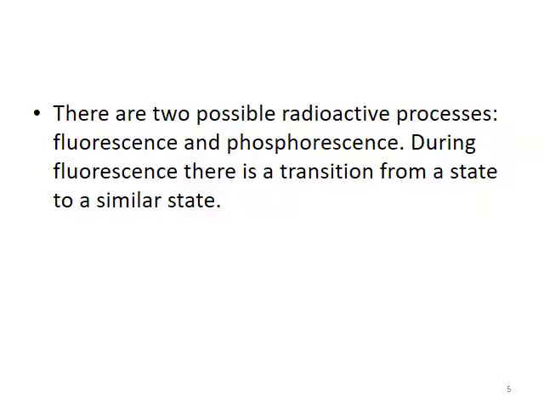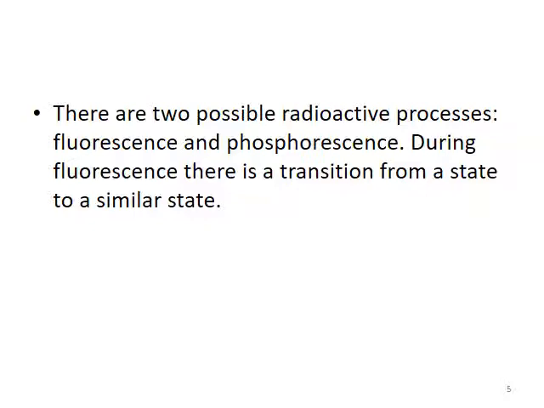There are two possible radiative processes, fluorescence and phosphorescence. During fluorescence, there is a transition from a state to a similar state. As some redistribution will always take place before a photon is emitted, the energy of the radiated photon will always be lower than the absorbed photon.